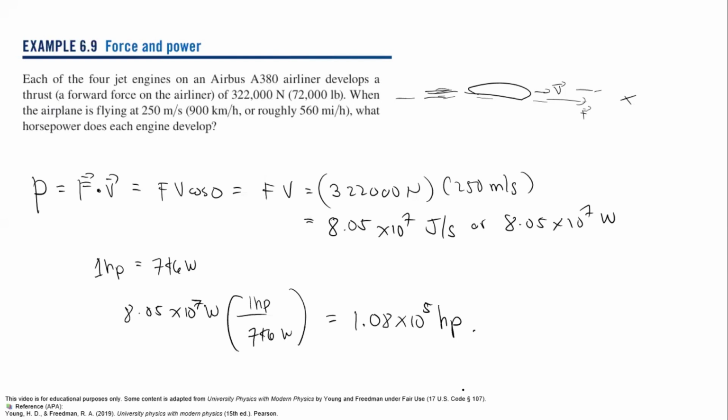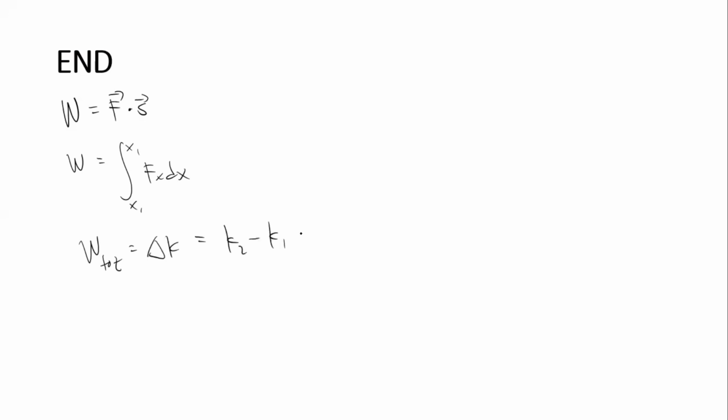Okay, I will leave another example to you. So that's the end of our discussion. In summary, we discussed the work done for a constant force, which is equal to the scalar product of F and s. We also have the work done by a varying force. We've discussed the work-energy theorem: the total work is equal to the change of the particle's kinetic energy, or 1/2 mv2 squared minus 1/2 mv1 squared.